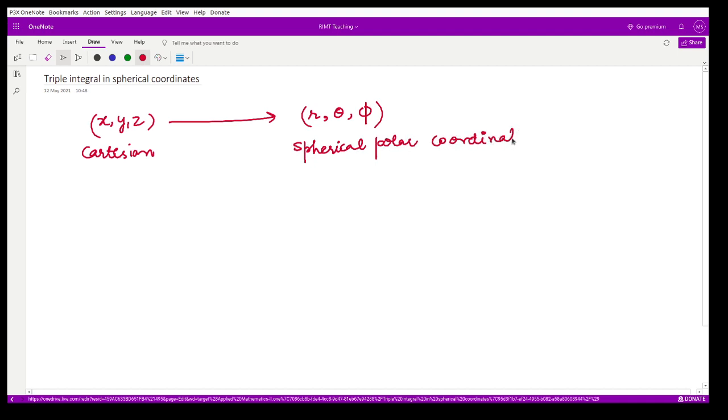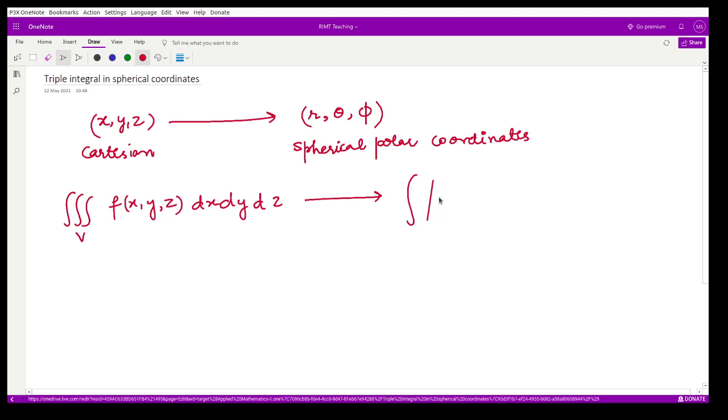When you move from this coordinate system to this coordinate system, what would happen to the triple integral defined like this? How will this change? This is what we have to see.